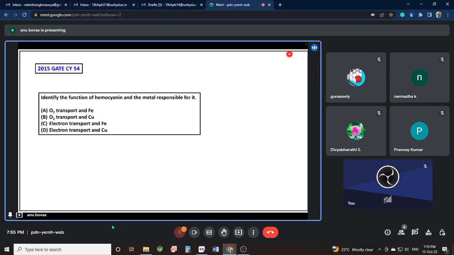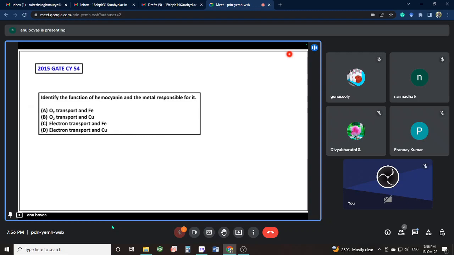Identify the function of hemocyanin and the metal responsible for it. Even though a little bit inside questions can be asked from hemocyanin, hemerythrin, etc., the questions will be from the surface level, and it will be very easy. So if we know some basic things, you will be able to answer such questions.